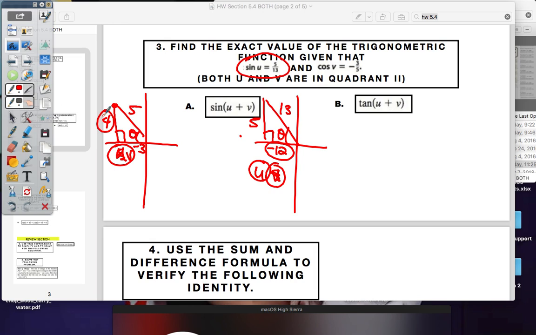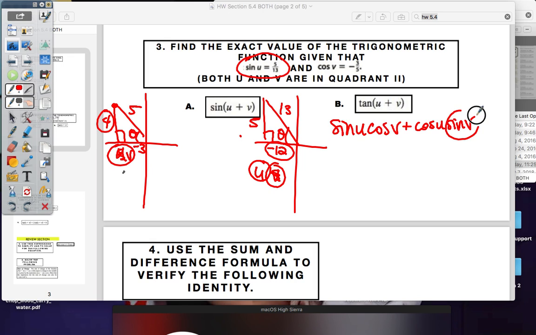So when we set this up, sine of u plus v is straight from our formula, right? Where we'll do the formula, which is sine of u cosine v plus cosine u sine v. And how do I find each of these? Well, I'll go to my triangle, like I'll go to v and say, okay, what is the sine of v? That's 4/5.